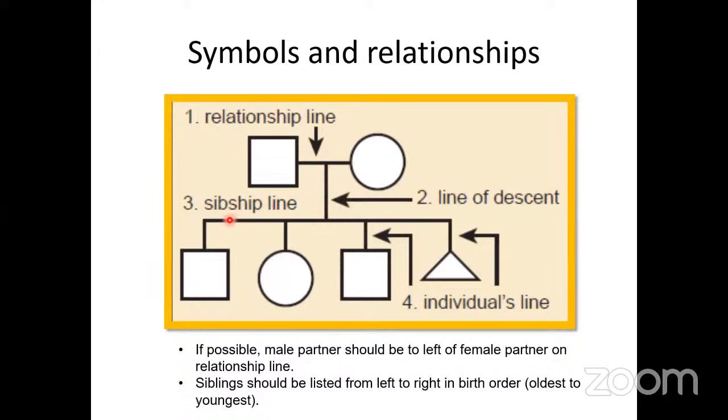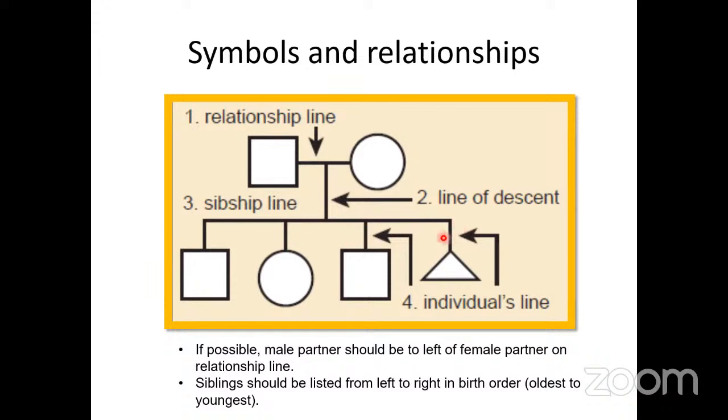Another horizontal line below this vertical line, not connecting directly to the individuals, is called the sibship line. And another vertical line coming from the sibship line is called the individual's line. So: relationship line, line of descent, sibship line, and individual line.